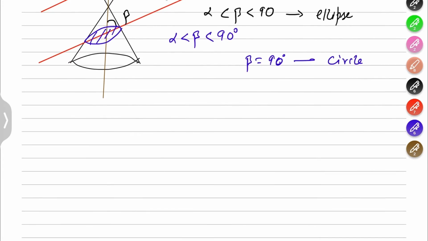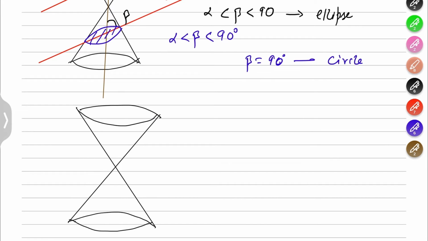Now let's see the degenerate case. So in the degenerate case, the cutting plane passes through the vertex. So this cutting plane passes through the vertex of the cone. In the same way here also, this angle is alpha, and this angle is beta.